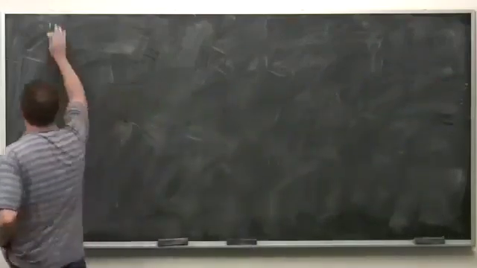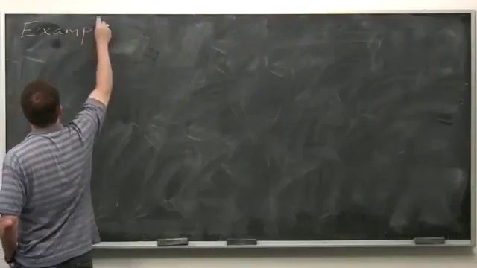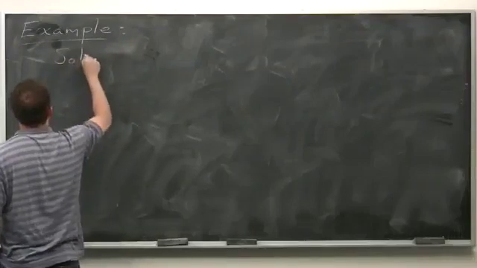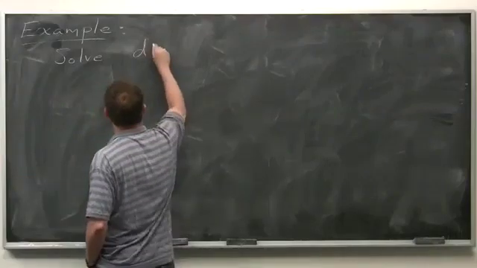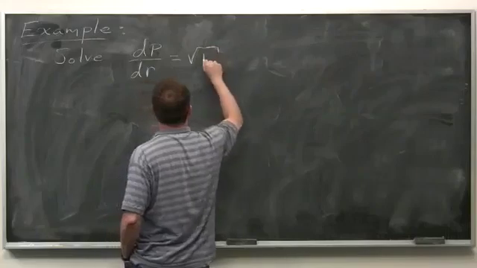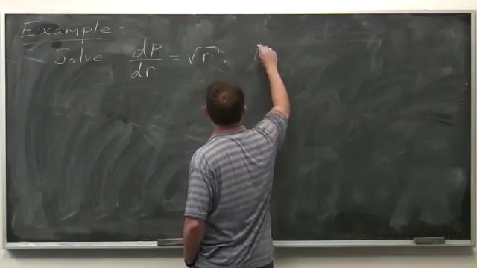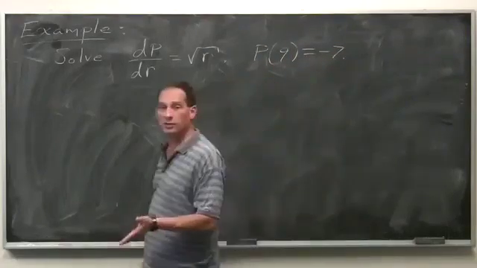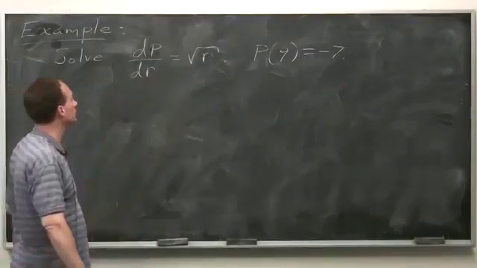So for example, solve dp/dr equals the square root of r. So the derivative of p with respect to r is the square root of r, and when r is 9, p is minus 7. Solve this initial value problem, so a differential equation with some initial data.